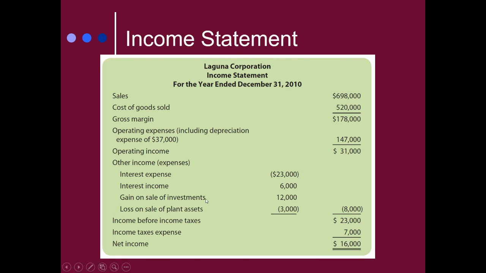So this must be included, because this is a non-cash item that must be treated separately. And also another thing that you have to look at is the depreciation. Here it does not list out the depreciation expense individually, but it's stated that depreciation is included in the operating expenses. So you're not going to take this amount, you're going to take only the depreciation expense.